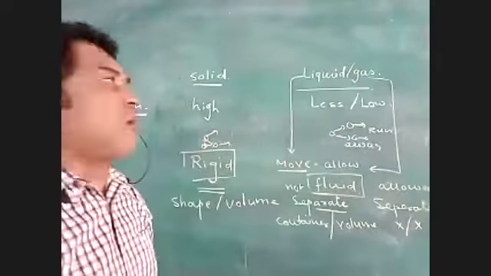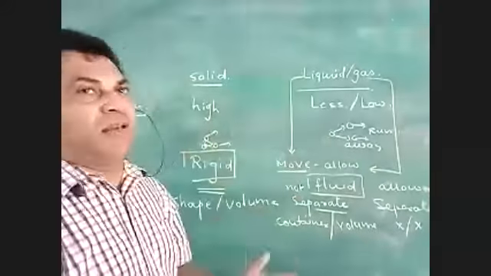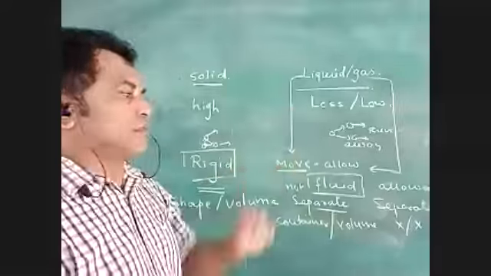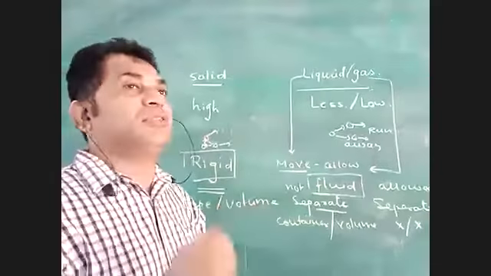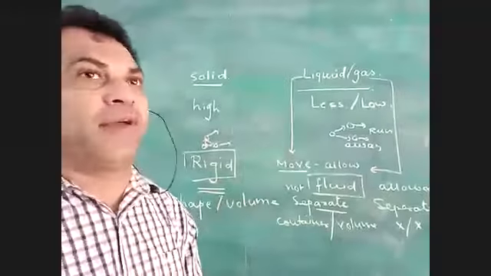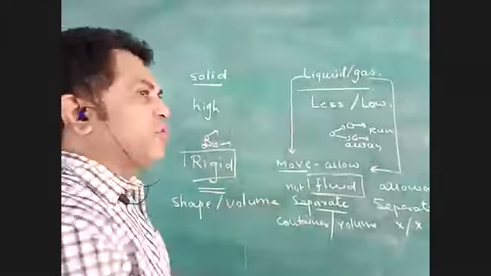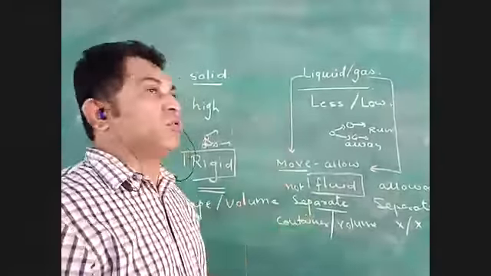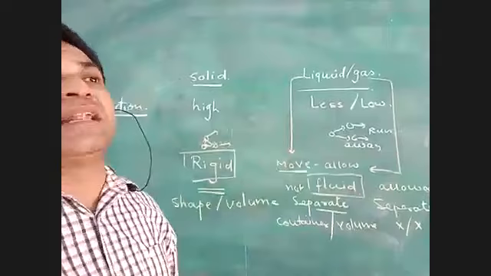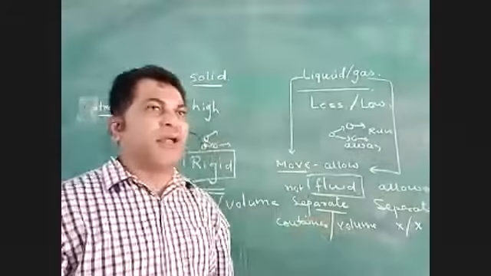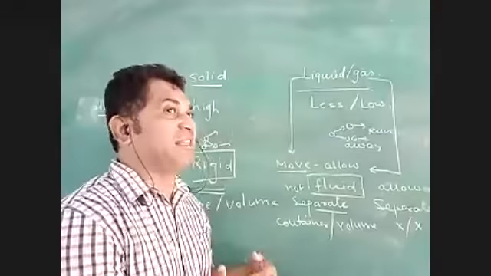While in liquid, the attraction force is less, and due to that less attraction force, the particles are allowed to move. But liquid does not have so little attraction force that the particles separate out, and that's why it remains intact, but it can move, and that's why it is known as fluid, because it can move from one place to another place as it gets the space.